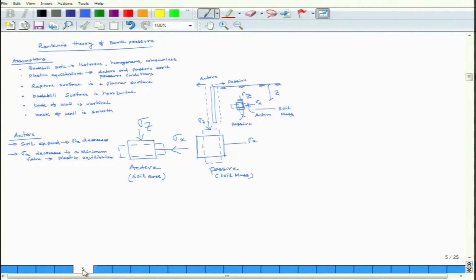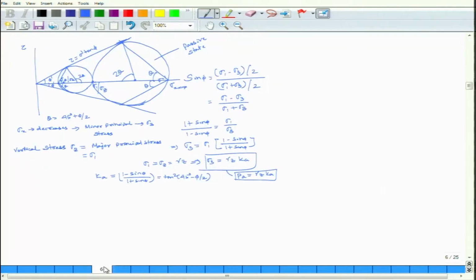Then there are two theories, one is your Rankine's theory, other is your Coulomb's theory. So, Rankine's theory, these are the assumptions. So, how this active state comes, wall moves away from the fill. Then we have explained for active state and passive state how the Mohr circle looks like.